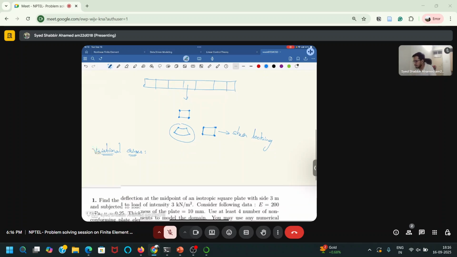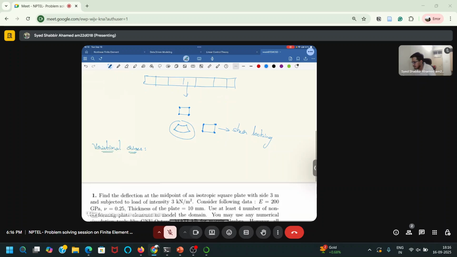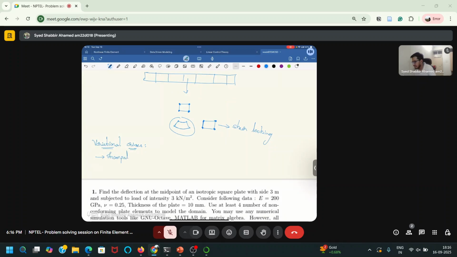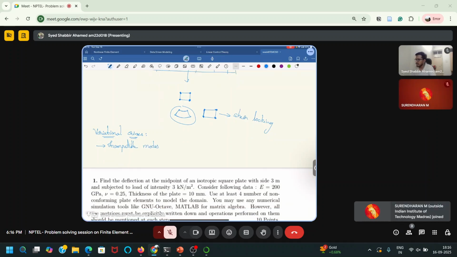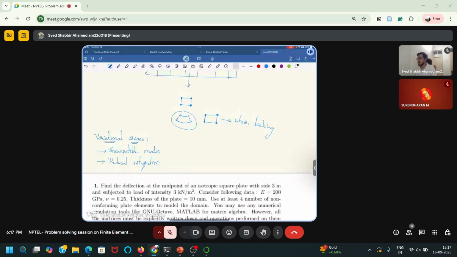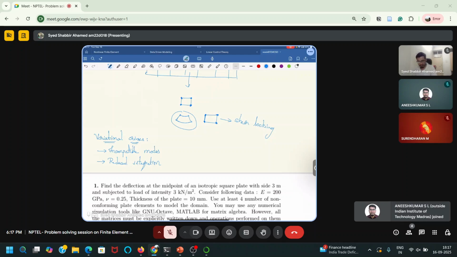One is using incompatible modes, and reduced integration. So these are two variational crimes which we use. These are the tricks which we use to get a solution and avoid this shear locking.